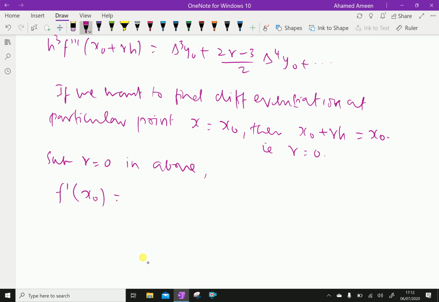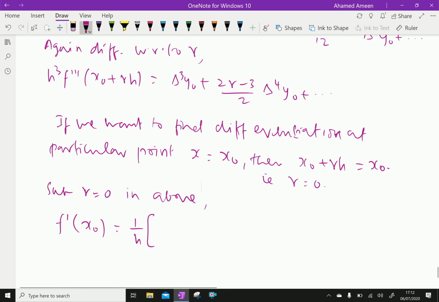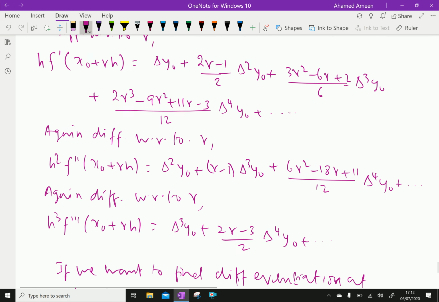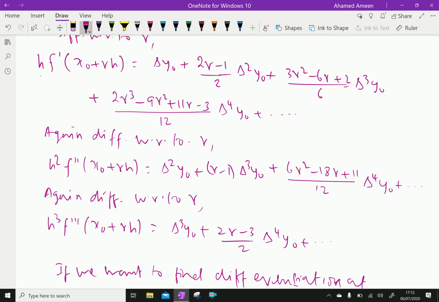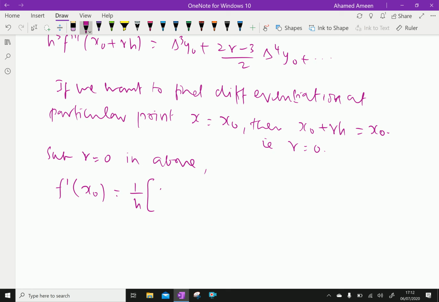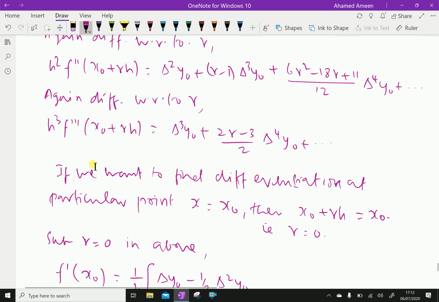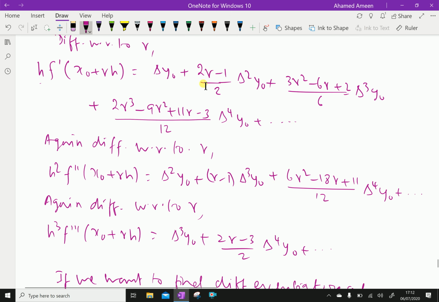1 over h, which comes from the first derivative formula, so 1 over h delta y0 minus half delta square y0. Here r becomes 0, so that is half.